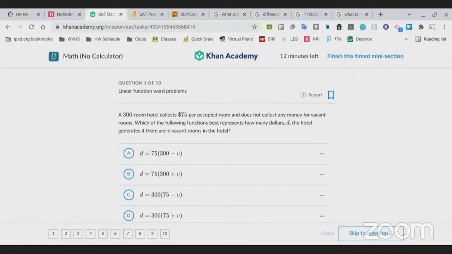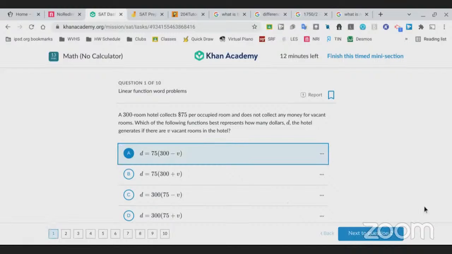V. So 300 minus V is the total number of rooms that are not vacant. And for each one of those, what money are they making? 75. That's how you do that.